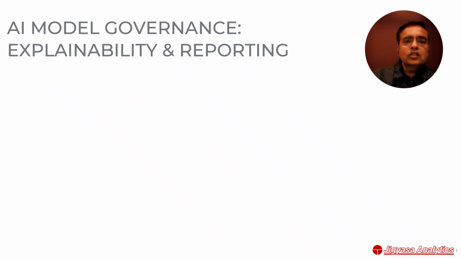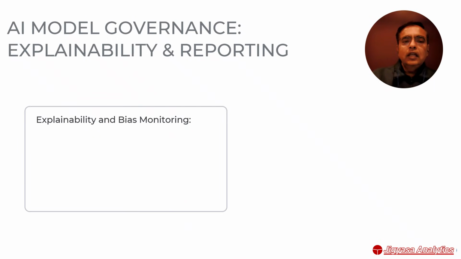Continuing our discussion on documentation, I want to briefly talk to you about AI's role in model governance. It is basically two broad areas: explaining the model as well as reporting the model.